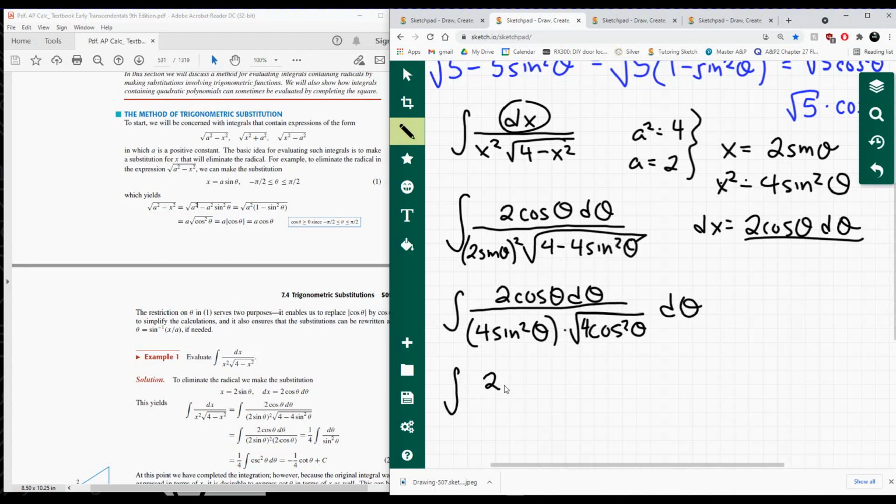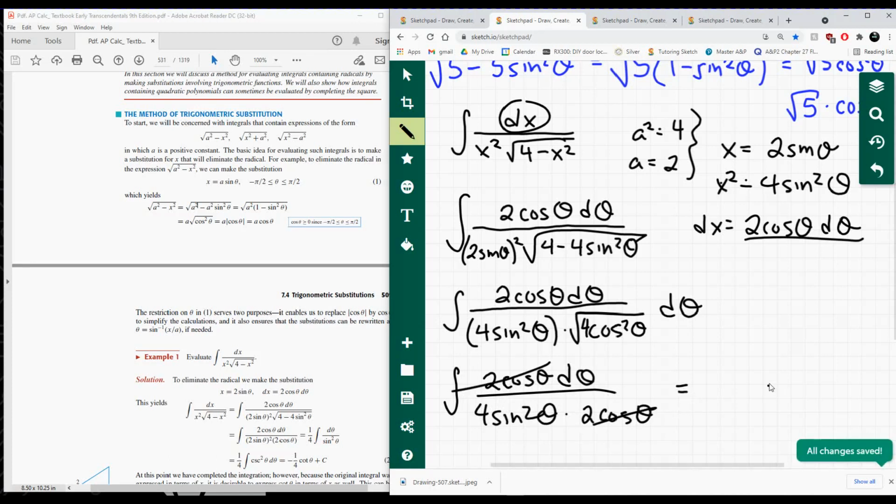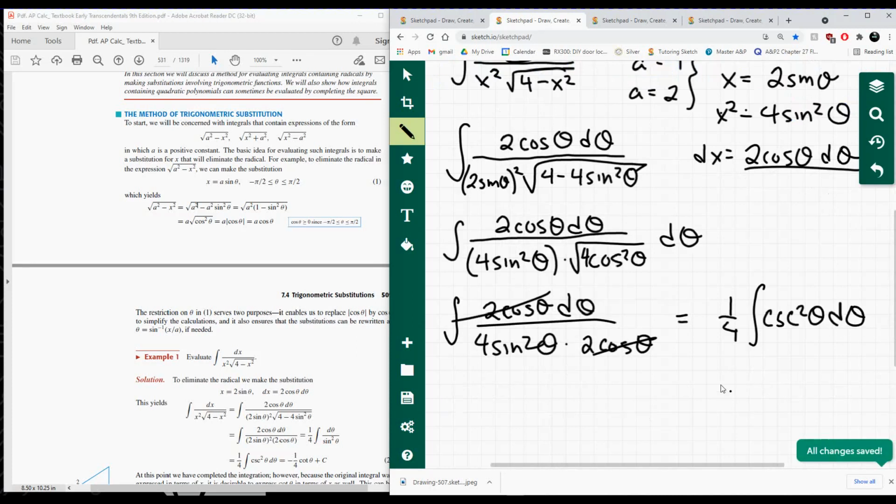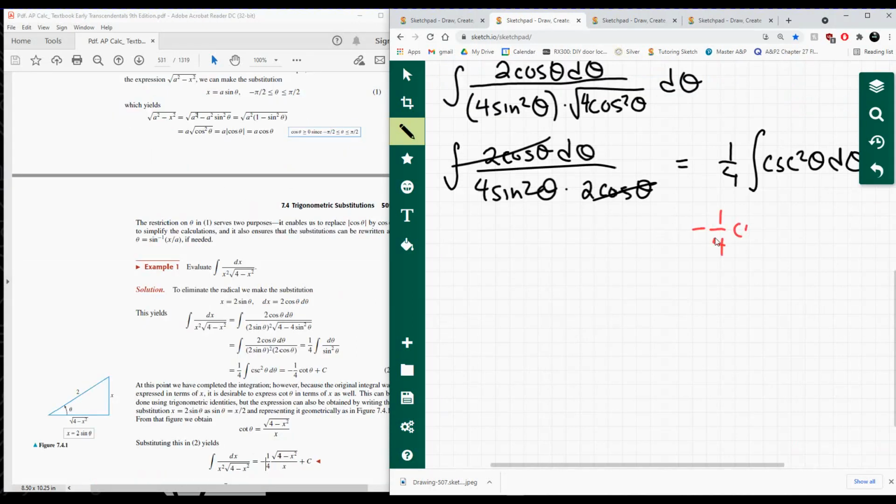This is going to simplify to 2 cosine theta d theta all over 4 sine squared theta times 2 cosine theta. And in fact, the 2 cosine theta in the numerator and that of the denominator disappears. So really all we have is 1/4 the integral of cosecant squared theta d theta. And we do know what this integral is going to be. In fact, it's just going to be negative 1/4 cotangent of theta plus c.